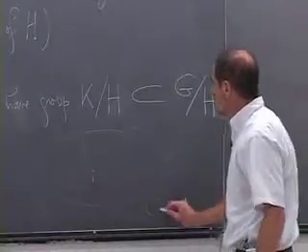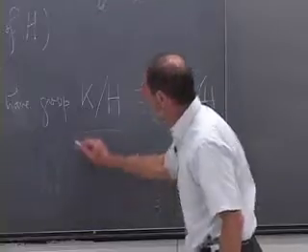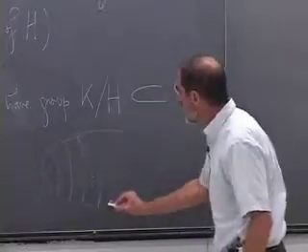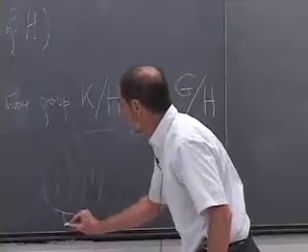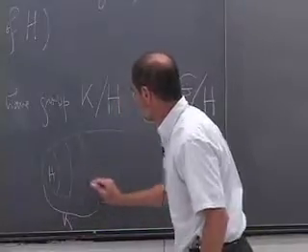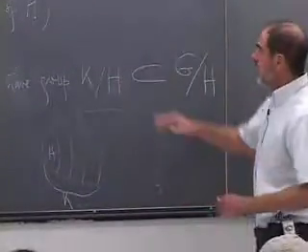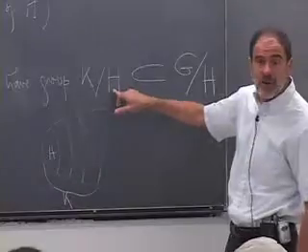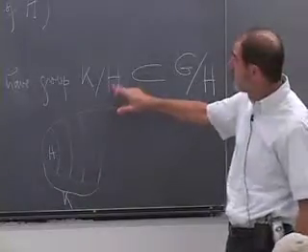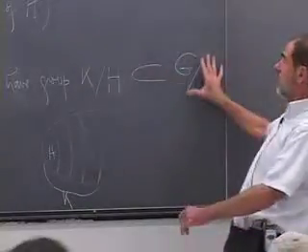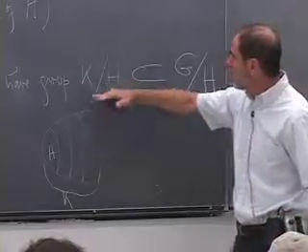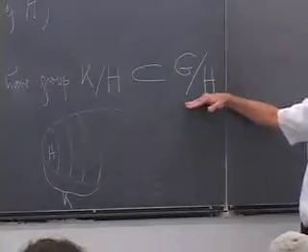If we take G and divide it up into the distinct cosets for H, a certain number of them will form the subgroup K, because K itself is a union of H cosets. A certain number of them give you K, and the rest of them give you G. So you get a group which is a subset of this group.